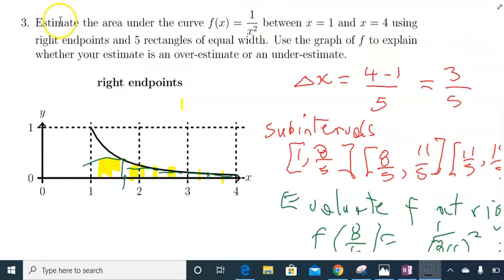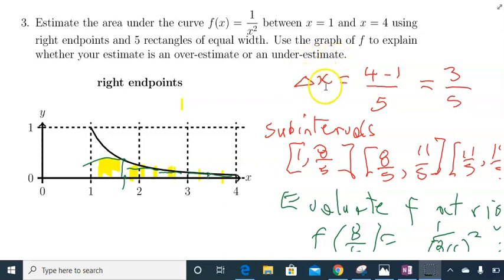Let's do a third example. Estimate the area under the curve f of x is equal to 1 over x squared between x equals 1 and x equals 4 using right endpoints and 5 rectangles of equal width. Use the graph of f to explain whether your estimate is an overestimate or an underestimate.